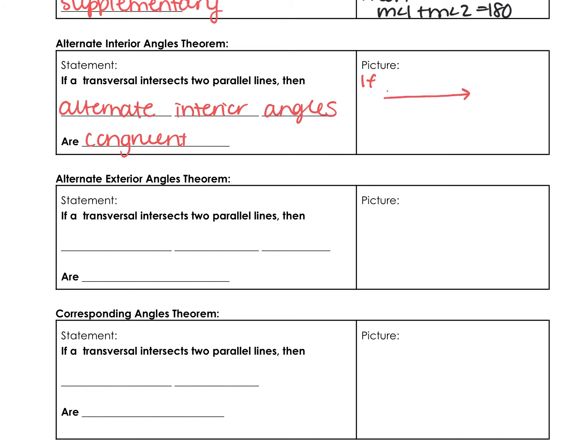If we have two parallel lines, and I'll draw those little arrows to indicate that they're parallel, cut by a transversal, and now we have alternate interior angles. So maybe it's 1 and 2 like that. The measure of angle 1 equals the measure of angle 2. Or really, because they're congruent, what we would say is angle 1 is congruent to angle 2.